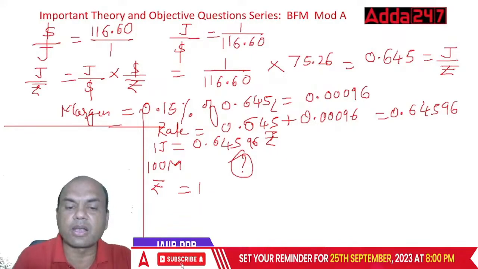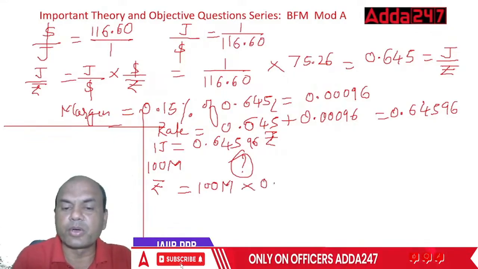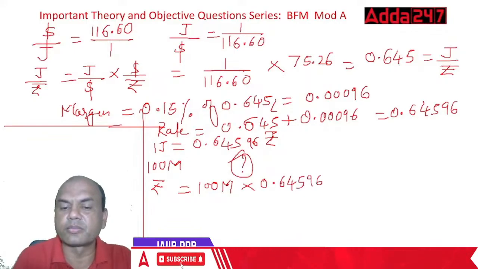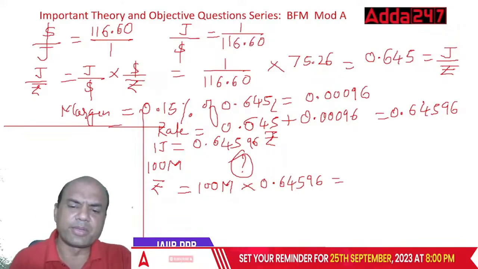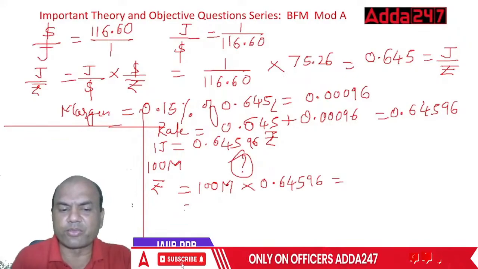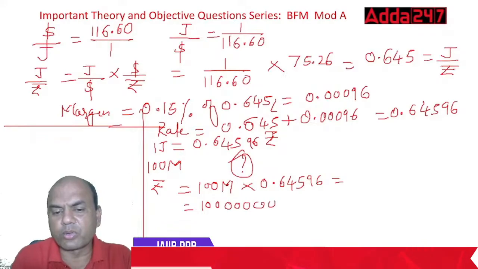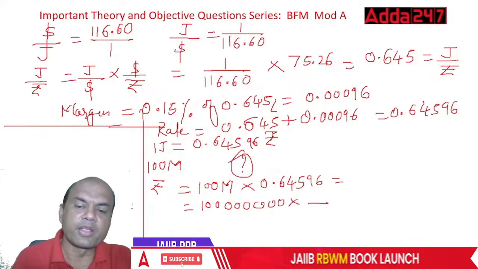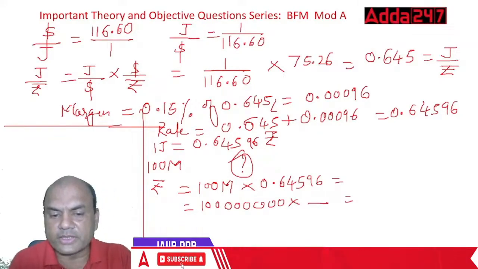Rupees equals 100 million into 0.64596. Multiply this. It's very difficult, these calculations. 100 million has 8 zeros, and the rate has 5 decimal places, so remove 5 zeros from here.